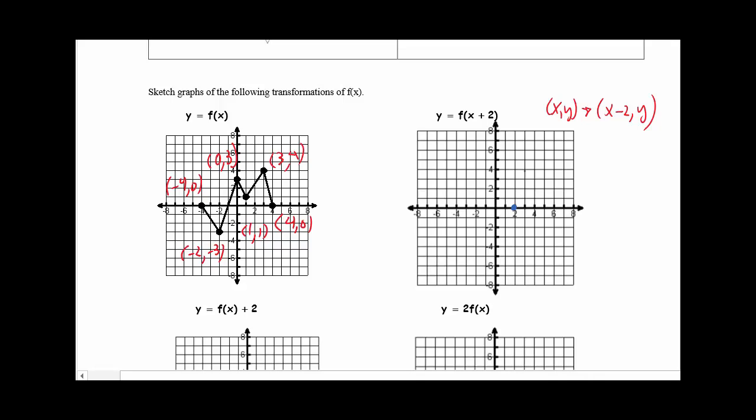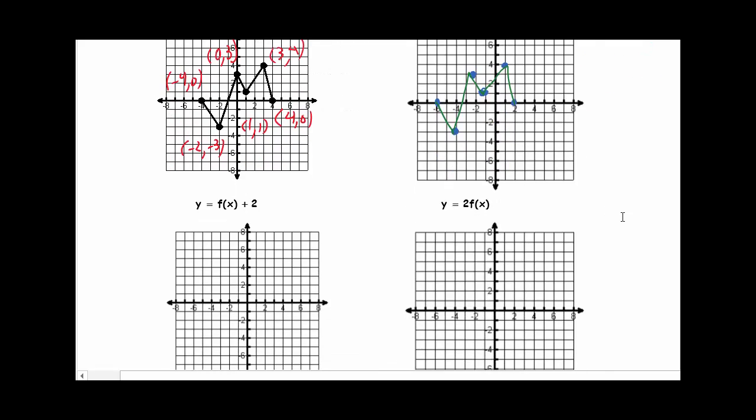Instead of (3, 4), I'm going to go over to (1, 4). (1, 1) is going to go over to (-1, 1). (0, 3), again, I'm just going to the original point and literally just counting 2 to the left. (-2, -3) goes right there, and (-4, 0) puts me there. And then I'm just going to connect these dots, and it should look like the same picture, just shifted 2 units over.